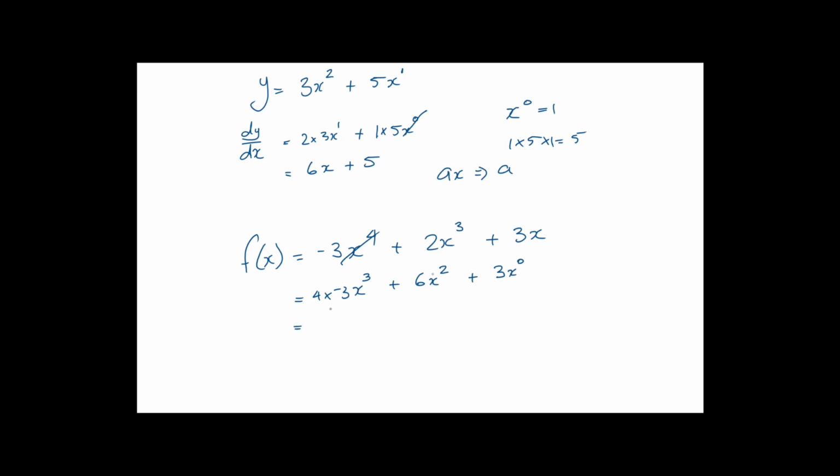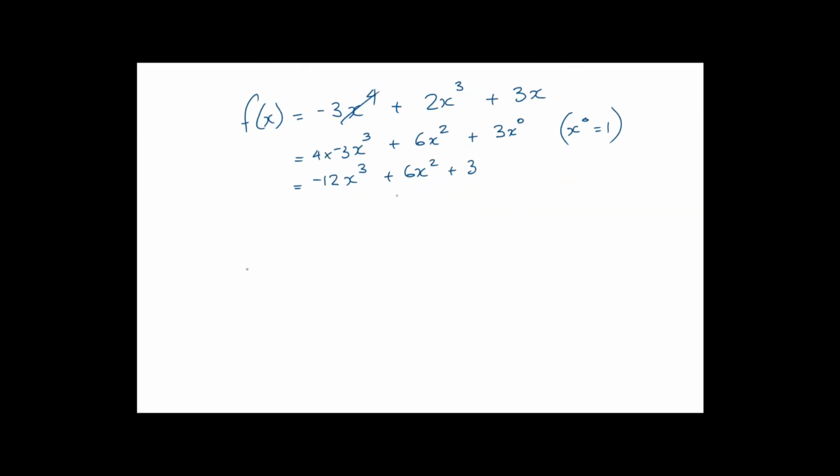And then when we come to rewrite that, 4 times negative 3 is negative 12x cubed plus 6x squared plus 3 times 1 is 3, remembering that x to the power of 0 is 1. That will be that done. Okay.